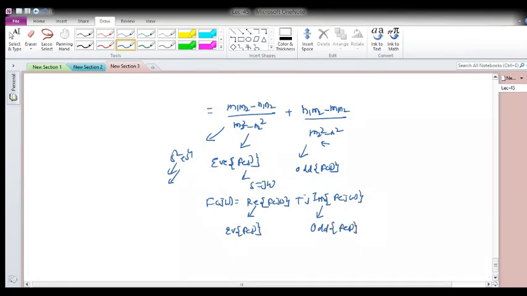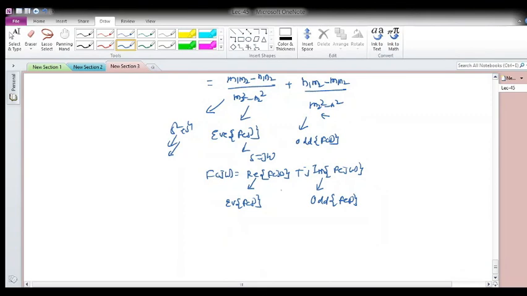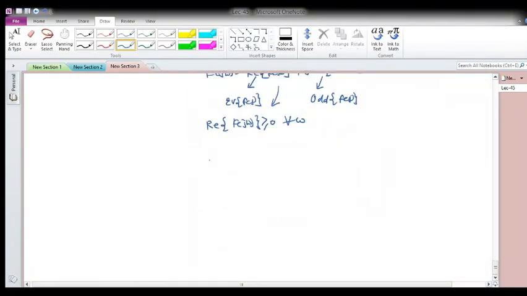Now we are interested in the real part of f of j omega, and we need to check whether the real part of f of j omega is greater than or equal to 0 for all omega. This can be done using (m1 m2 minus n1 n2) divided by (m2 square minus n2 square). This is all in terms of s.